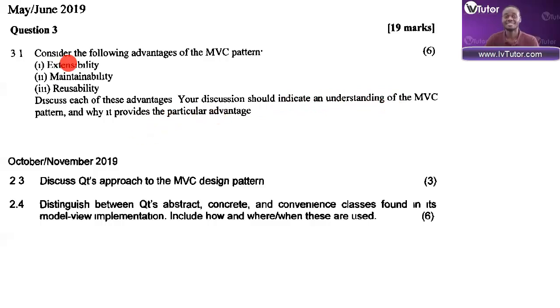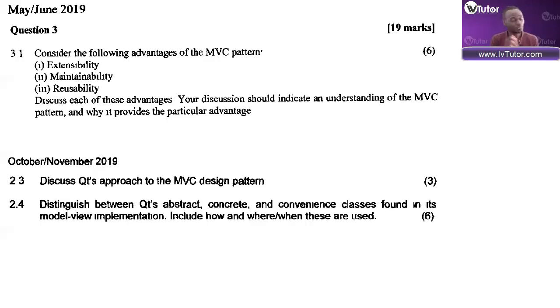So when it comes to extending your application, you just have to explain that in reference to the MVC. For example, if we want to increase the number of views for that same data, we don't need to touch the model. We can simply use the same model with various views, right? Maintainability, how easy is it to maintain an application that follows MVC? The separation of responsibilities makes it easier to identify problems.